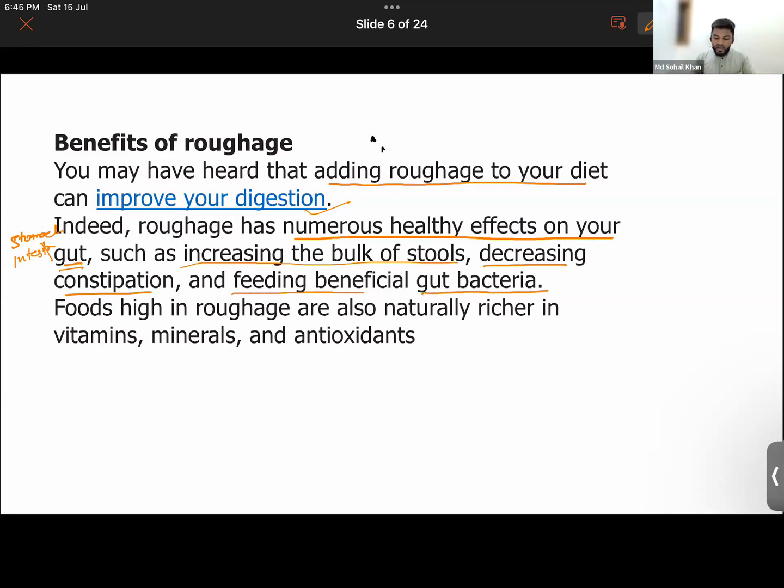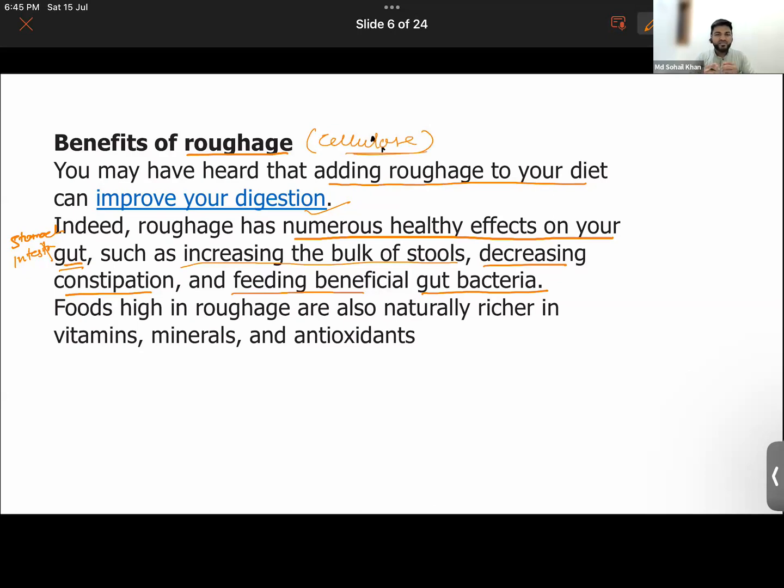Now, in our stomach and intestine, there are some bacteria living which are very beneficial for us. See, bacteria are not present only in the outside environment but inside the human body as well. Those beneficial bacteria feed upon the roughage, basically cellulose.